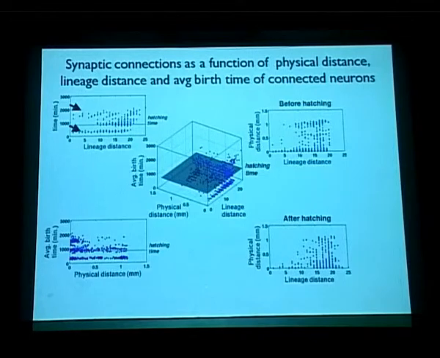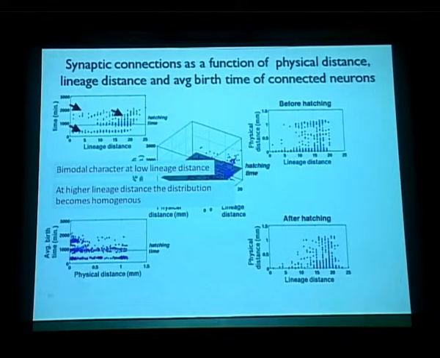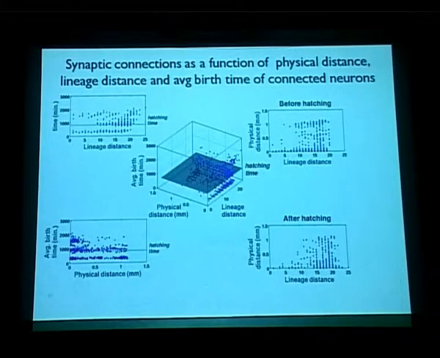So we went on to look at how synaptic connections occur as a function of physical distance, lineage distance, and average birth time of connected neurons. In this case, the gray plane shows the hatching time, and if you look at the different axes, first you have the time versus the lineage distance.